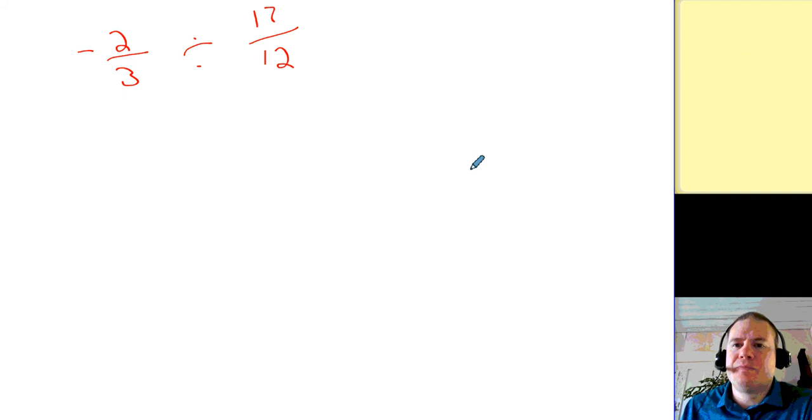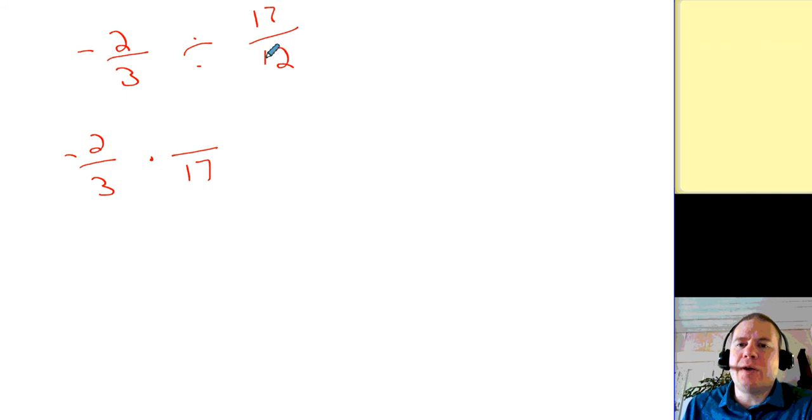So let's say negative 2/3 divided by 17/12. Well, negative 2/3 doesn't have anything in front of it except for a negative. Dividing by 17, I can show that as 1/17.